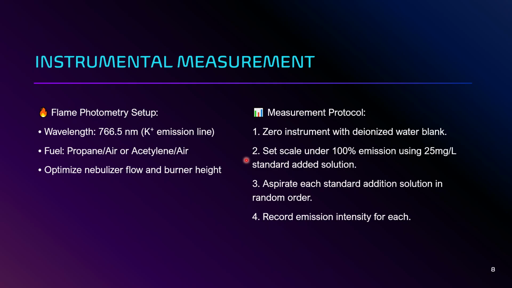So if you do not do it and you simply set zero and start measuring your samples, what might happen is that your 5 ppm solution might show 30% emission, 10 ppm might show 60% emission, 15 ppm might show 90% emission, and then 20 and 25 ppm of your solutions would go off scale, which means that you would not be able to measure those emission intensities.